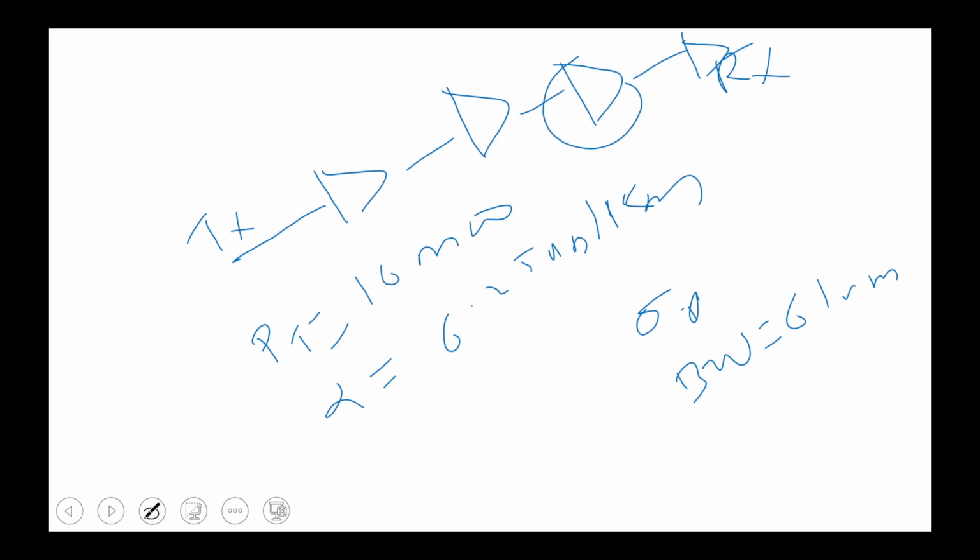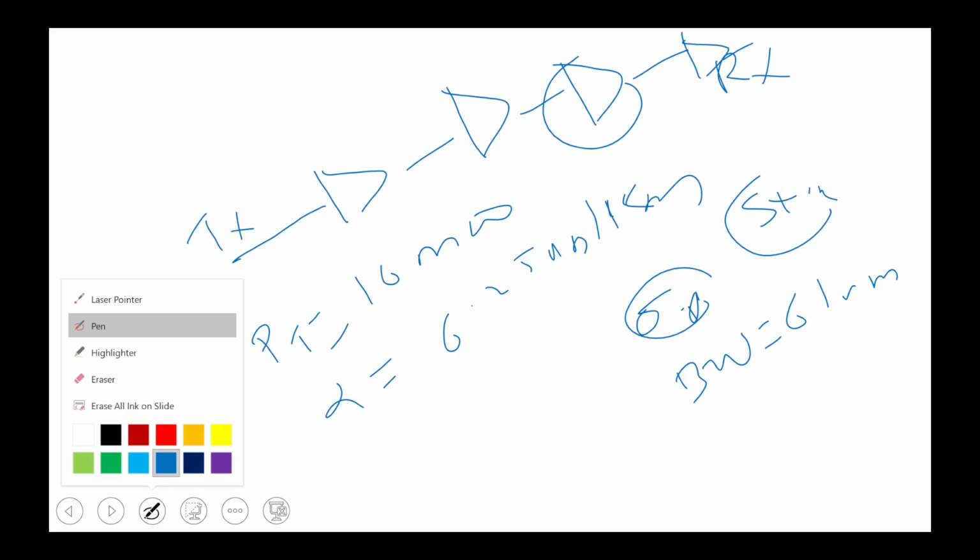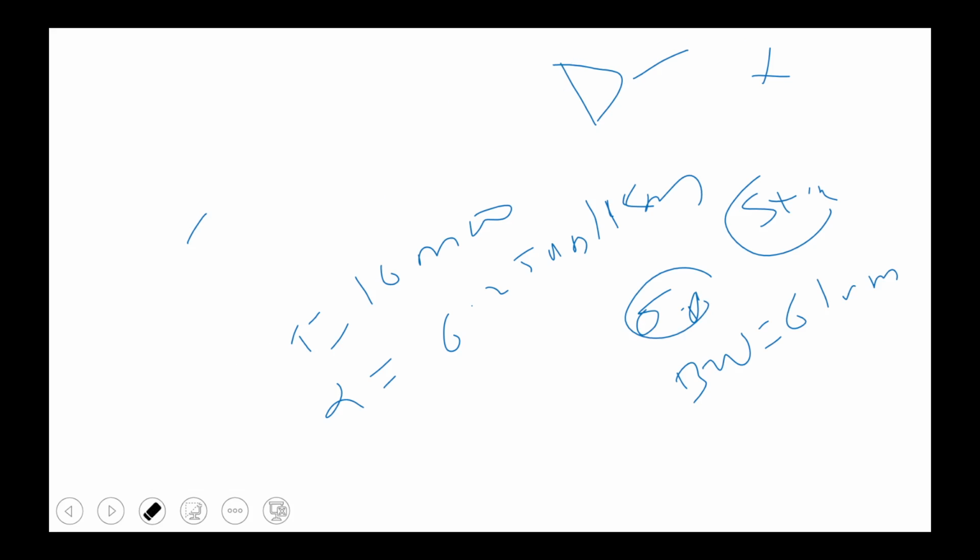So you calculate the SNR at the output, and you have the noise density at output. Previously I have explained what the loss is.